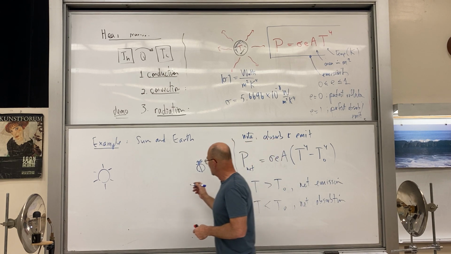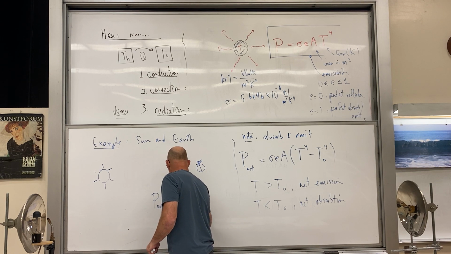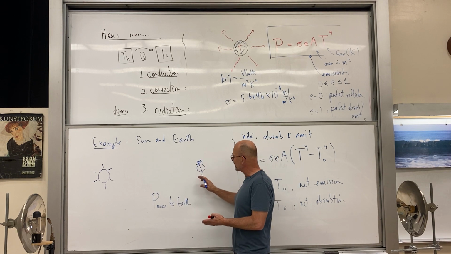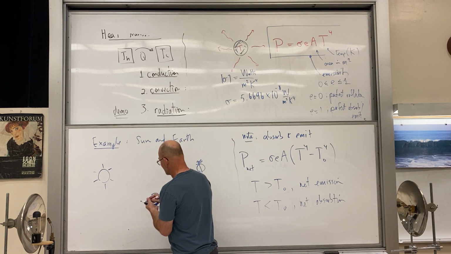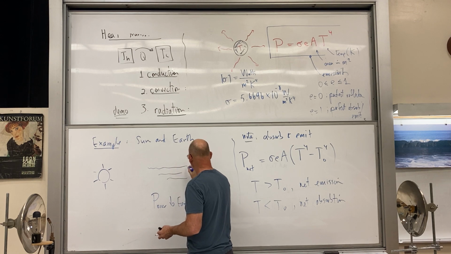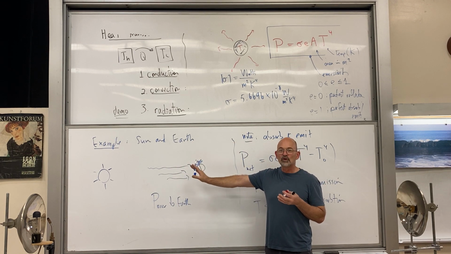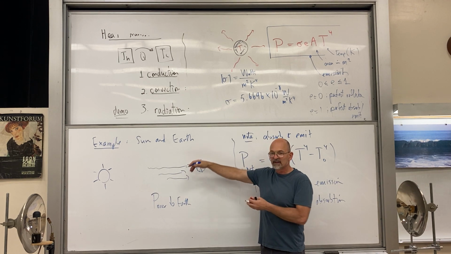So the power in, power to Earth, is going to be a certain amount, and it's going to be the same amount. So let's have this. The sun's radiation is coming in here, and based on the geometry, it's really just heating a cross section, pi radius of Earth squared.